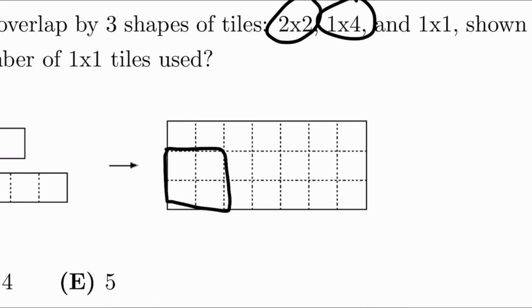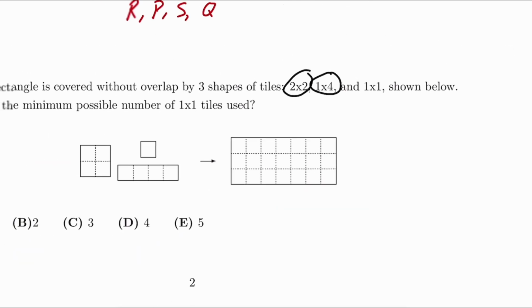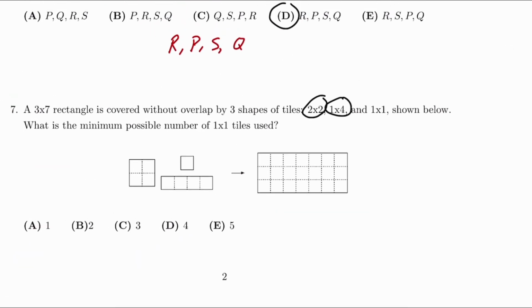So let's think about how we can optimize the number of 2x2 and 1x4 tiles we can use. Now, one observation you can make is that if we don't consider the 1x1 tile, then the 2x2 and 1x4 each occupy 4 spots, and the 3x7 triangle has 21 smaller squares.